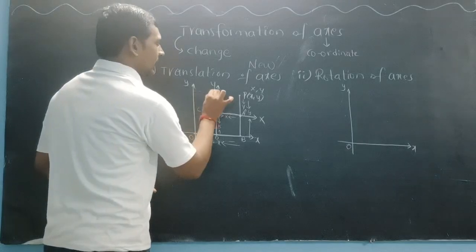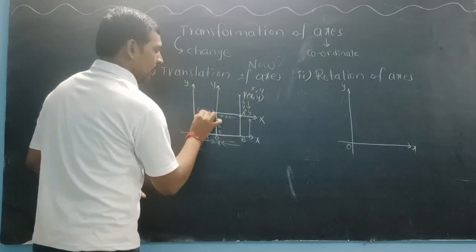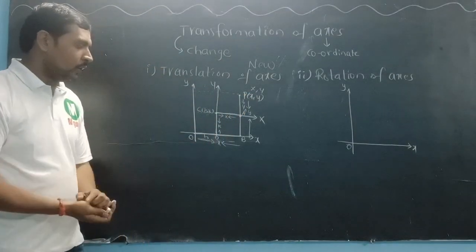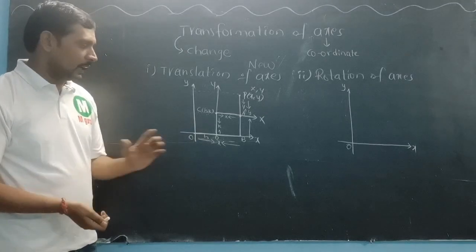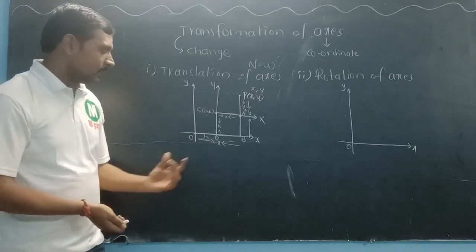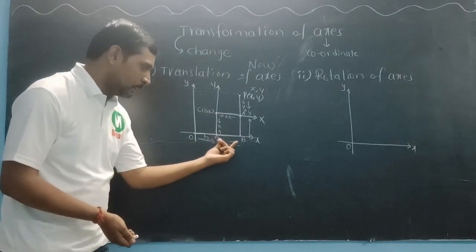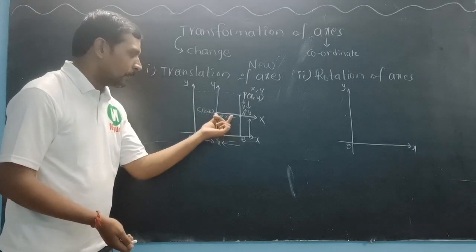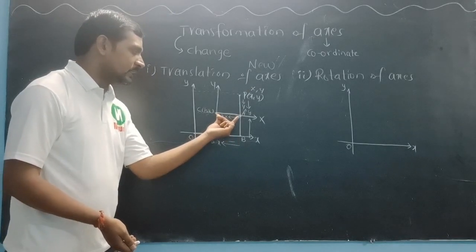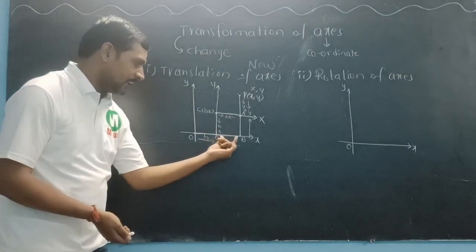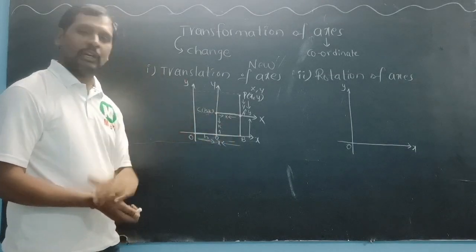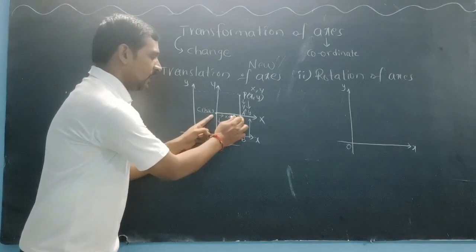If we join these parallel lines, nothing will happen. Now observe carefully. Here DB is parallel to CA. What is the CA value?